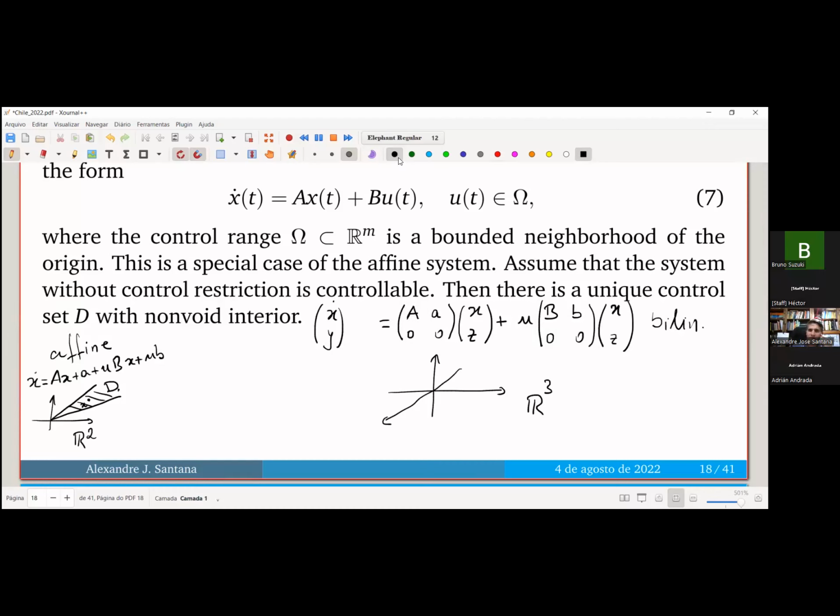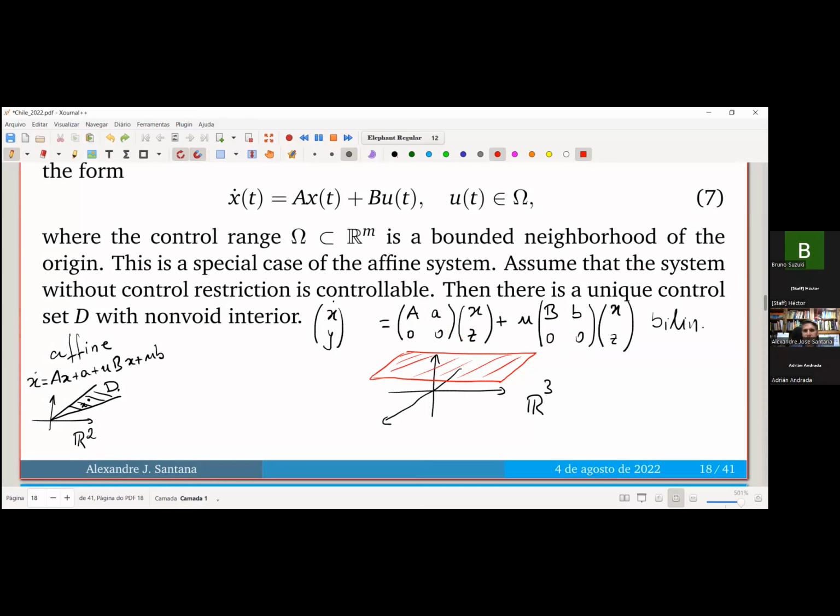But the dynamics of this system is just in this plane here, in this embedding of R2 in R3, because note that here we have 0 and 0, so the dynamics in this last component does not exist.